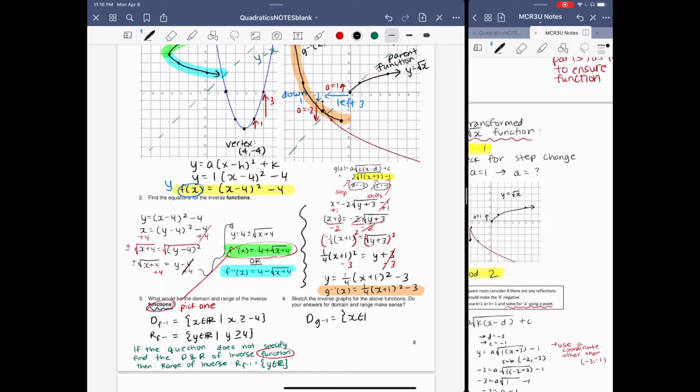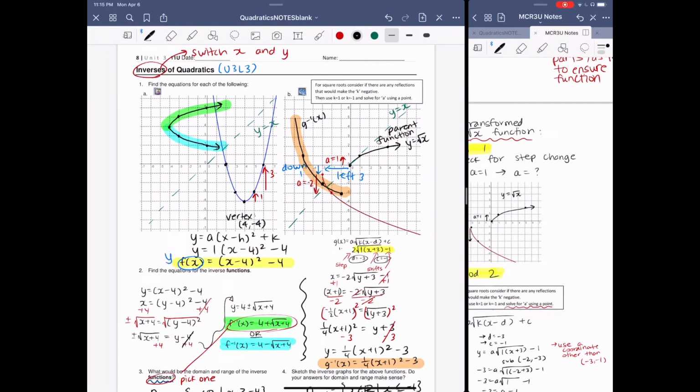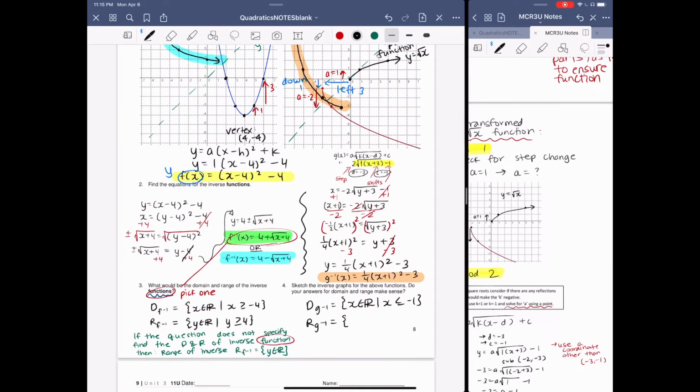So x elements are real such that x is less than or equal to negative 1. Whereas the range of G inverse is, well, it's always larger than or equal to negative 3. y elements are real such that y is larger than or equal to negative 3.